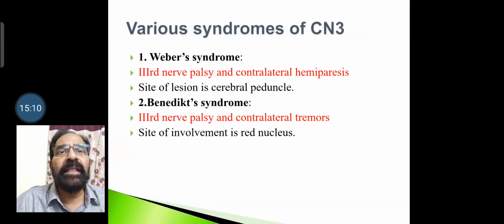In this, there is oculomotor nerve palsy and contralateral hemiparesis. The site of lesion is cerebral peduncle. Benedict syndrome. In this, there is third nerve palsy and contralateral tremors. The site of lesion is red nucleus.